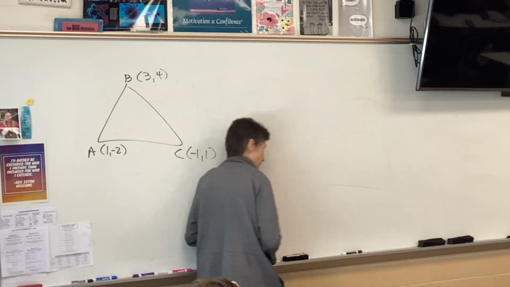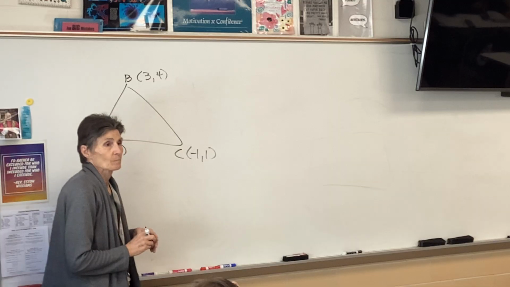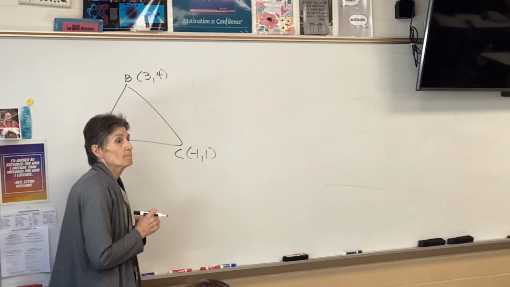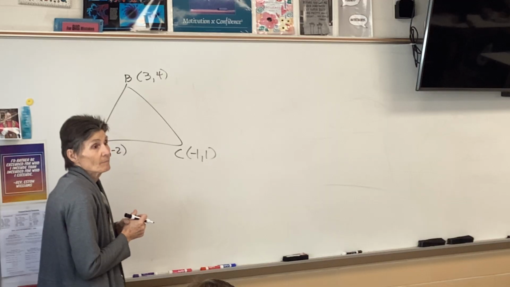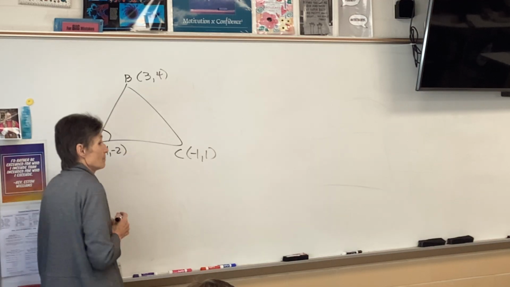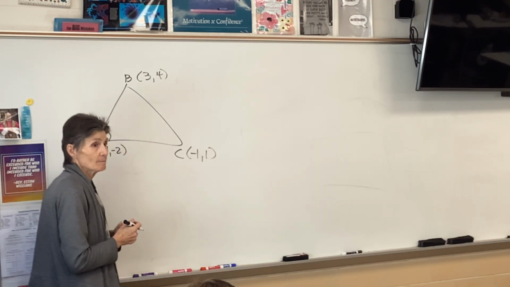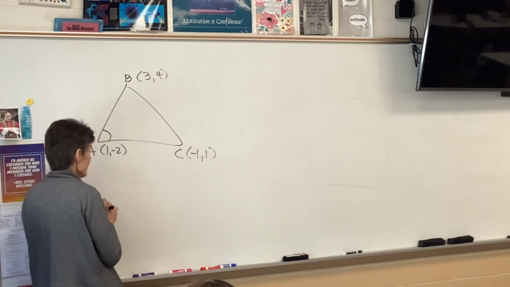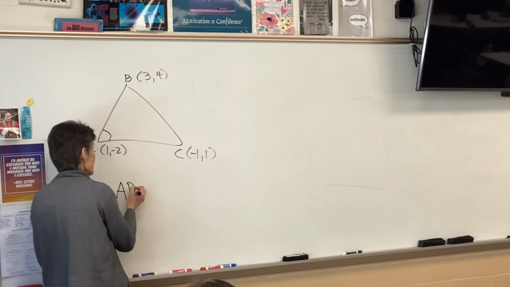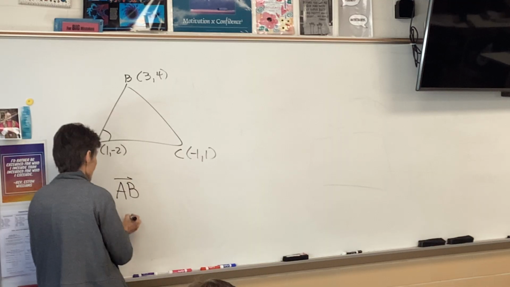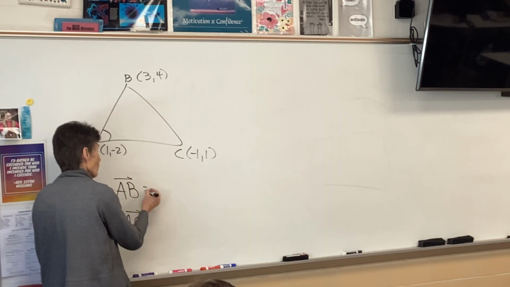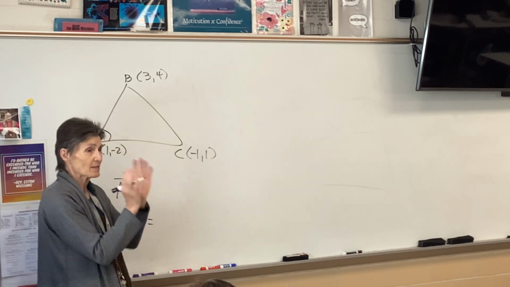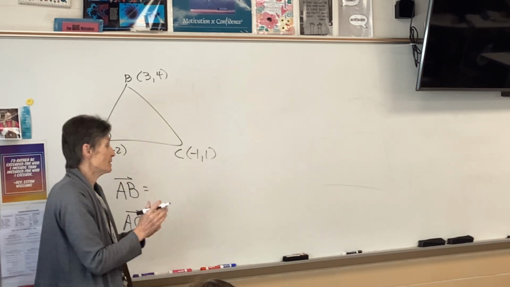Okay. What is the first thing we have to do? Take an angle. Which one you want, Jimmy? A. Doesn't have to be A, but A is fine. Take an angle. Then go from A to B and from A to C. So whatever angle you picked, that's your starting point, and you go out from there.